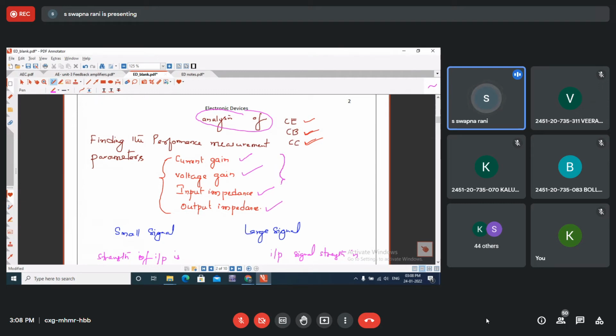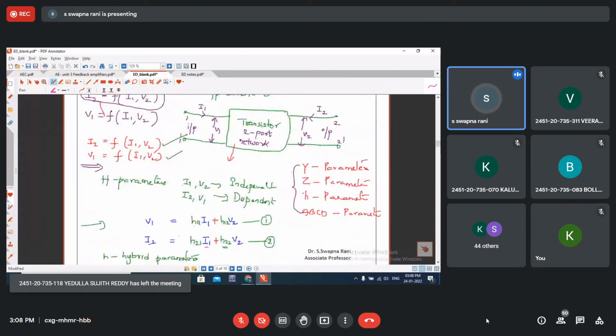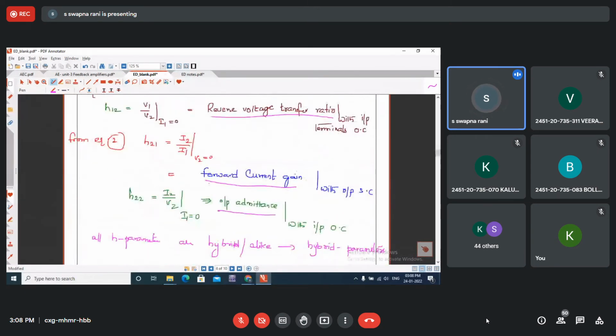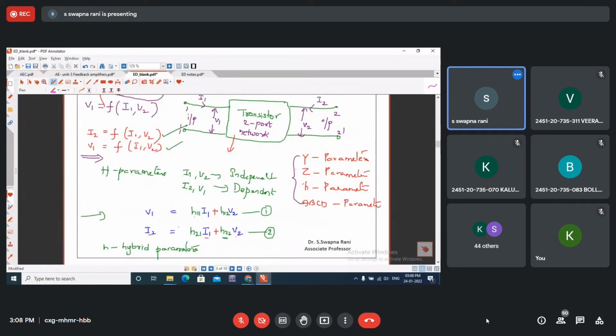If you can find these parameters for an amplifier, then we can assess its performance, and also know where we can use this amplifier. These four parameters are very important, and they can be obtained only with the help of H parameters.